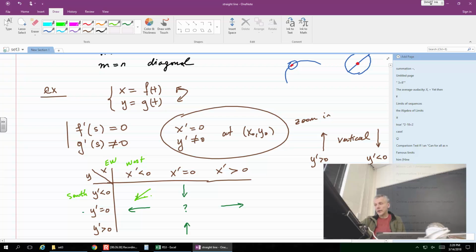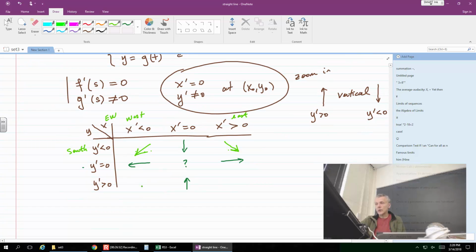So for example, here, instead of moving west, I'm moving east now. So it will be south, east. Over here, y prime is positive, which means we're moving this way, so it is north. So we're moving northwest.